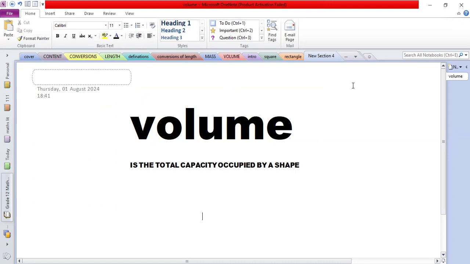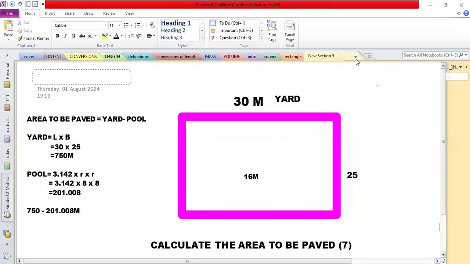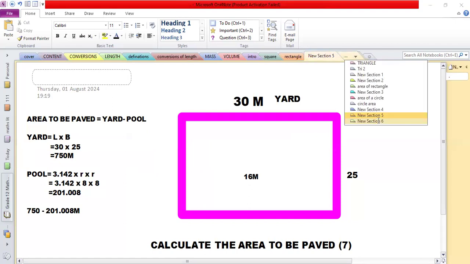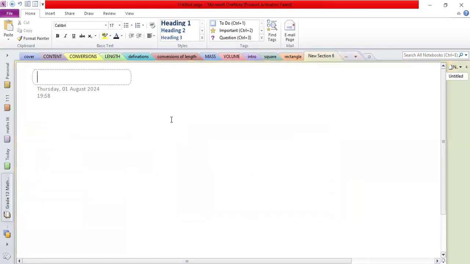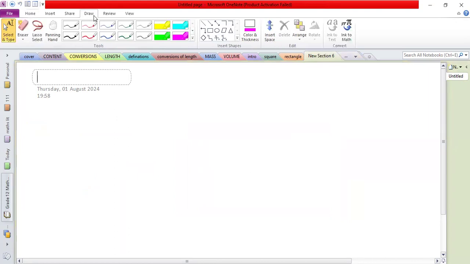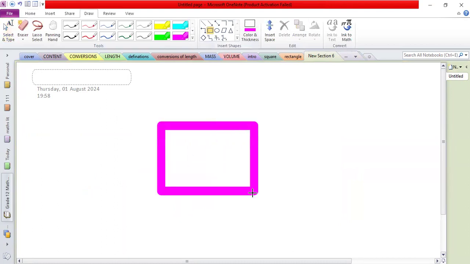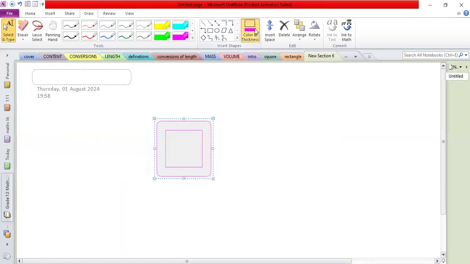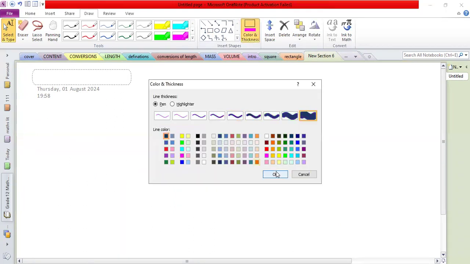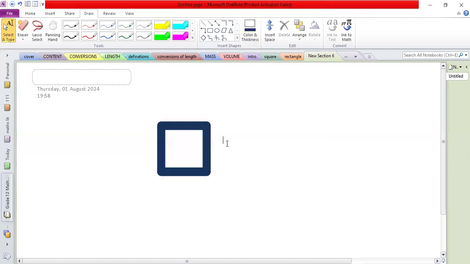So I want you to understand how to deal with this. Let's say, for instance, you have a rectangular prism. Let me try to change this color to black or blue, something else.